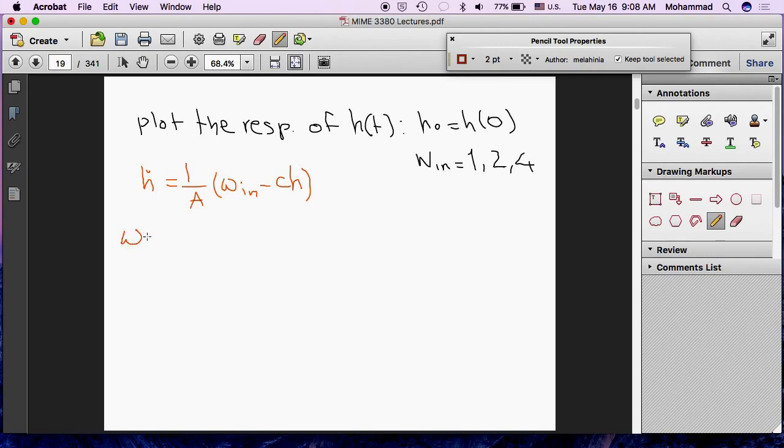So when wn is 1, what is h steady state?